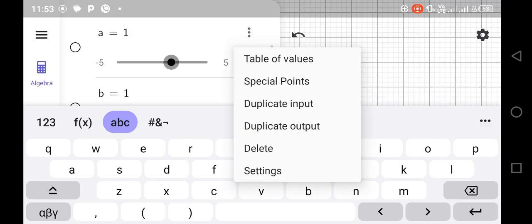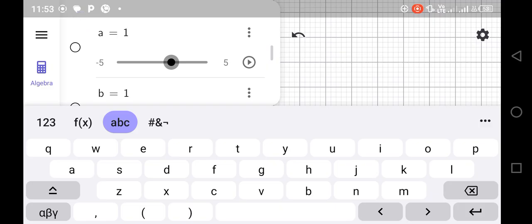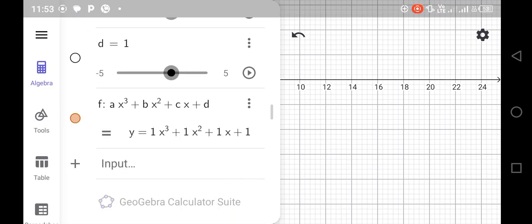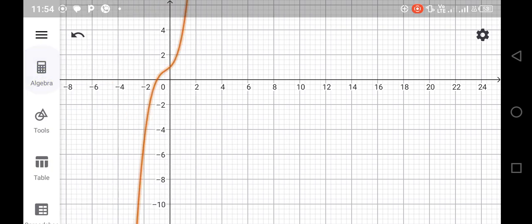Now, that is the way we express a cubic function. So whenever you see that question, you can look at it. You're going to have y is equals to 1x cubic plus 1x squared plus 1x plus 1. And that's how we express a cubic function.